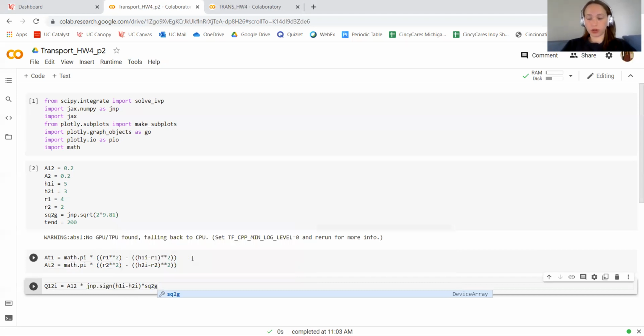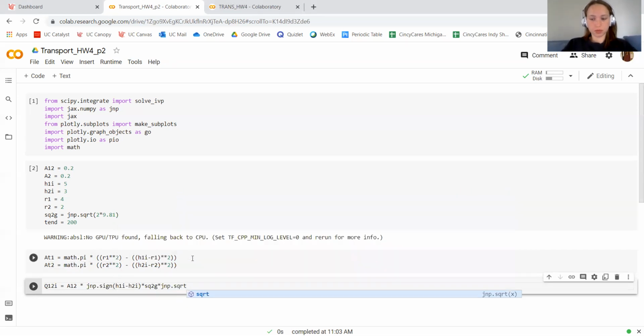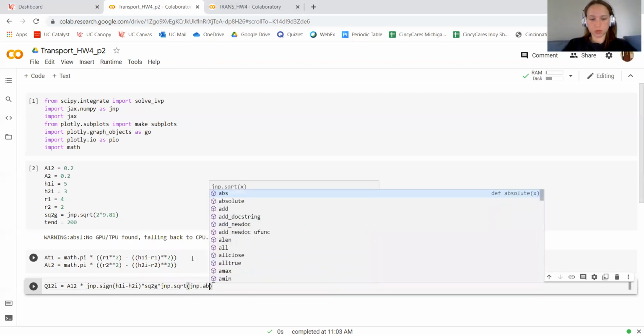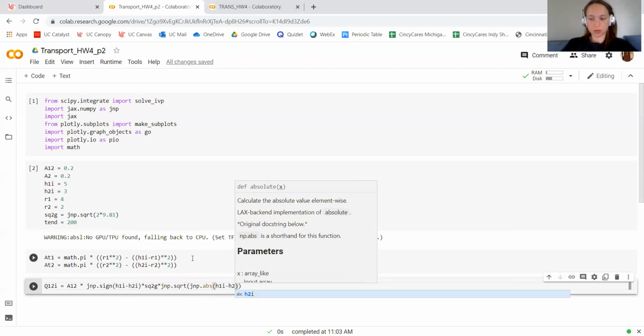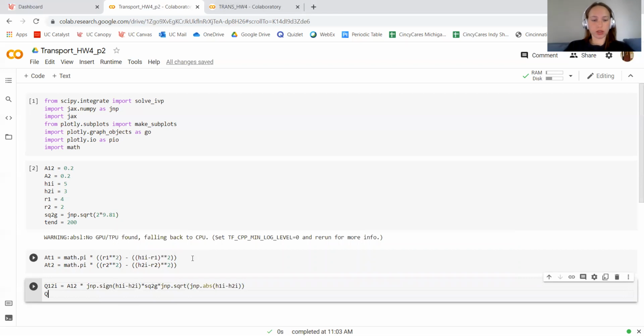And then we have our shortcut for the square root of 2 times gravity. And then we multiply that times the square root of the difference of our heights. Okay, so we can do the same thing for the second pipe.